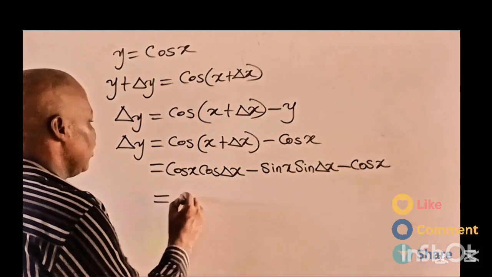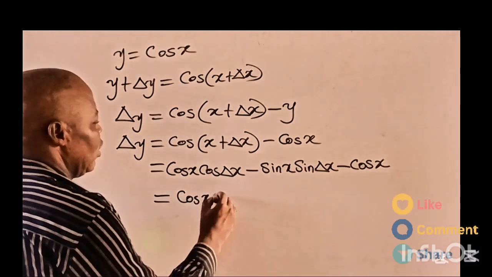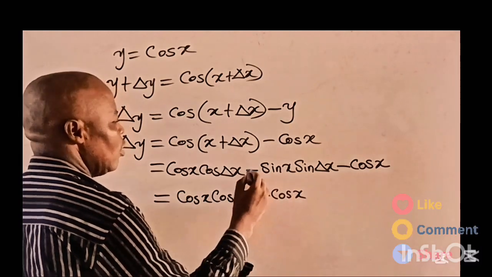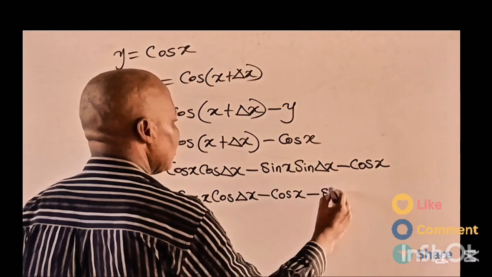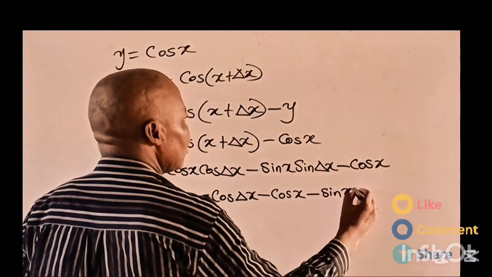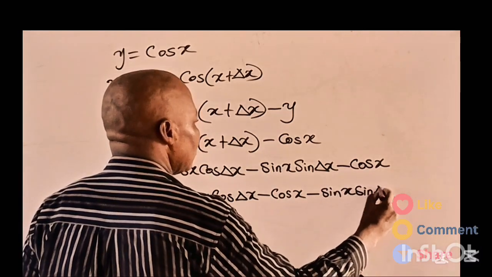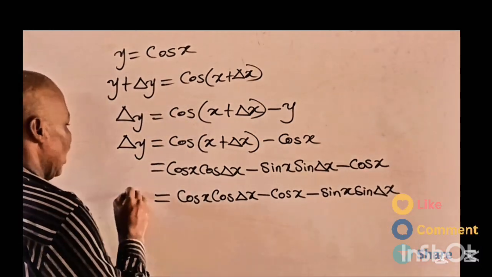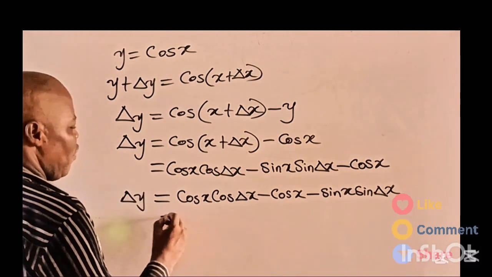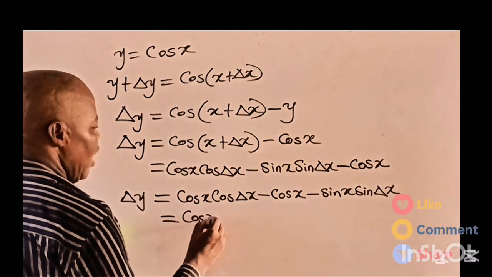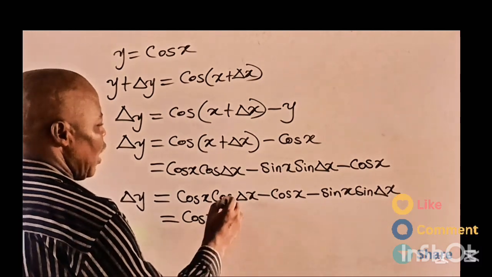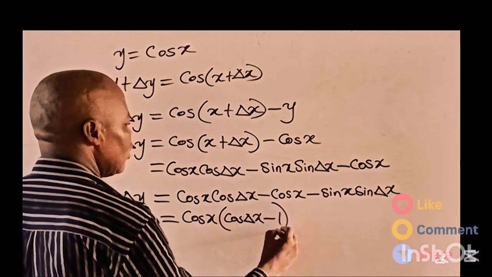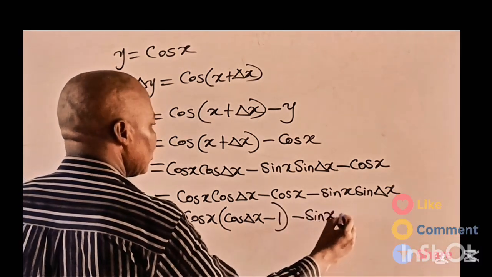So what we're going to have is cos x cos change in x minus cos x, then minus sine x sine change in x. This one is still our change in y. Then we factorize: we have cos x into the open bracket, cos change in x minus 1, minus sine x sine change in x.